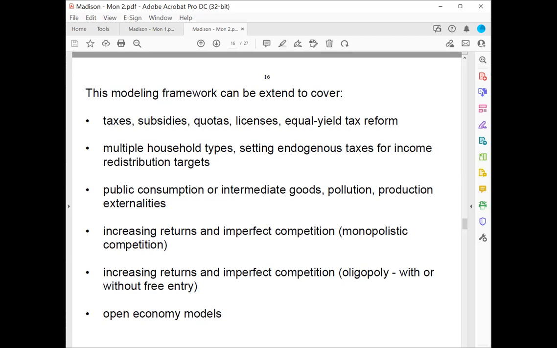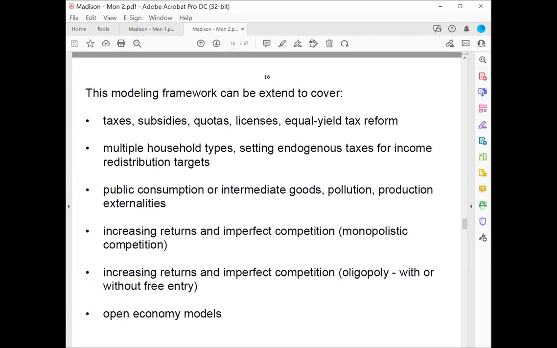And on my website, it's available for you to use our big model libraries and notes, incorporating taxes, subsidies, quotas, licensing, doing things like equal yield tax reform, generalizable to multiple household types, setting endogenous taxes for income redistribution targets, public consumption and intermediate goods, pollution, production externalities, or infrastructure provision, increasing returns in imperfect competition.